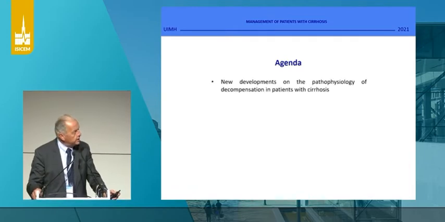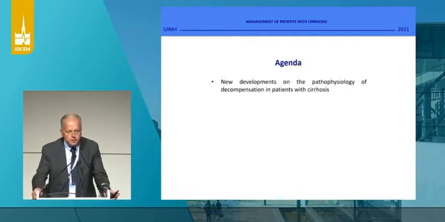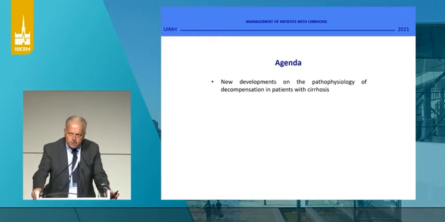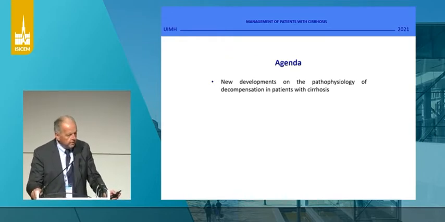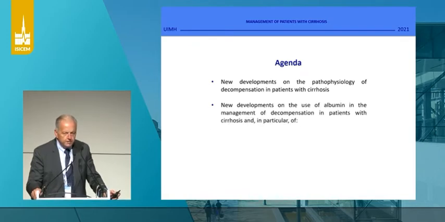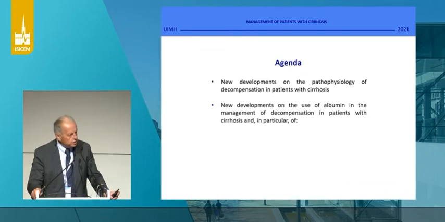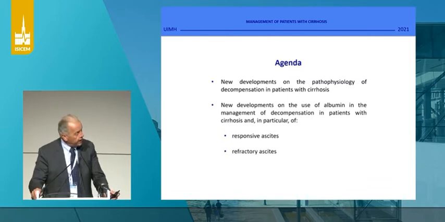First, I will discuss new developments on the pathophysiology of decompensation in patients with cirrhosis, and then I will speak about new developments on the use of albumin in this patient, particularly referring to responsive ascites and refractory ascites.